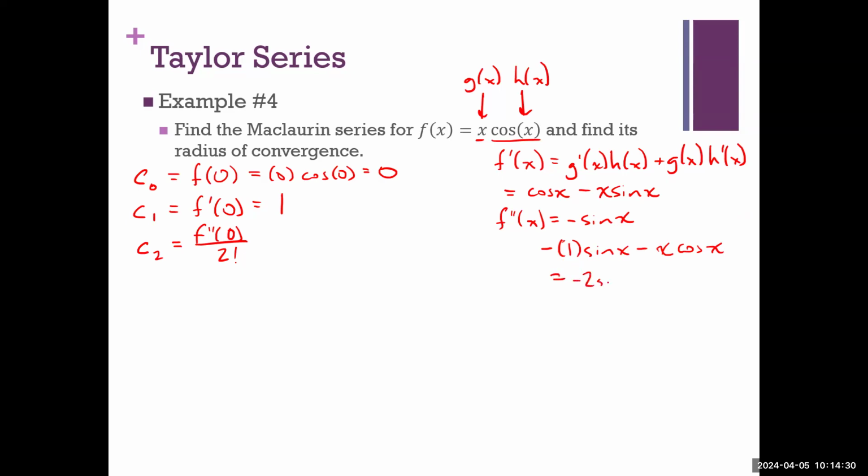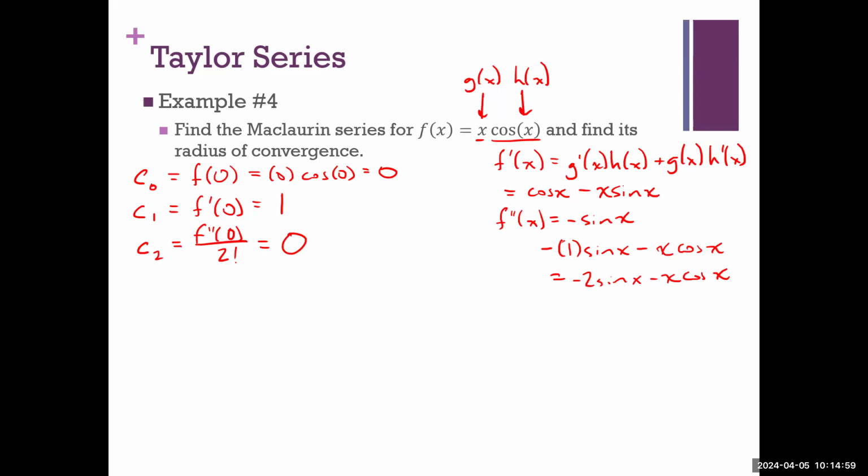I get negative 2 sine x minus x cosine x. So if I plug in 0, what do I get? I think it should just be 0. Oh, okay. Yeah, cosine of x is 1, but I'm going to 0 that out.